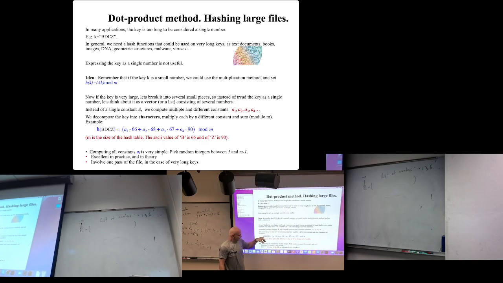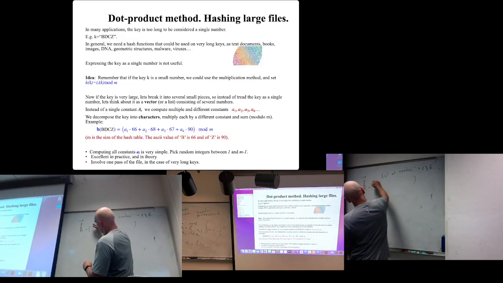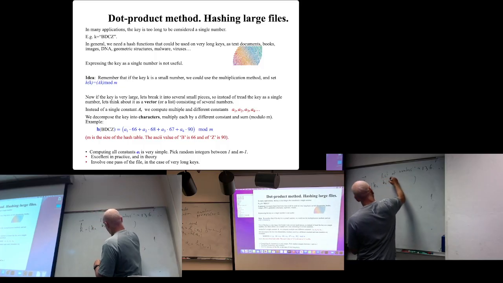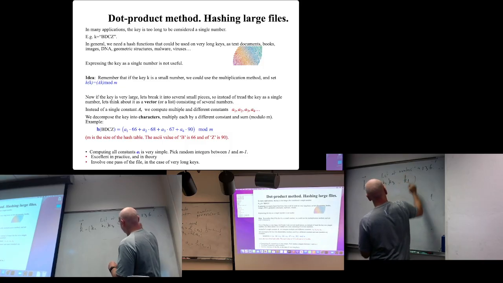If I'm going to hash the string BDCZ, I don't make a single number out of it. Instead, I'll think about it as 4 different numbers. For example, the ASCII value of each one of them. The ASCII value of B is 66, the ASCII value of capital D is 68, and so on. So these will be the numbers that I'll take the key and break it into: K1, K2, K3, ..., KL.